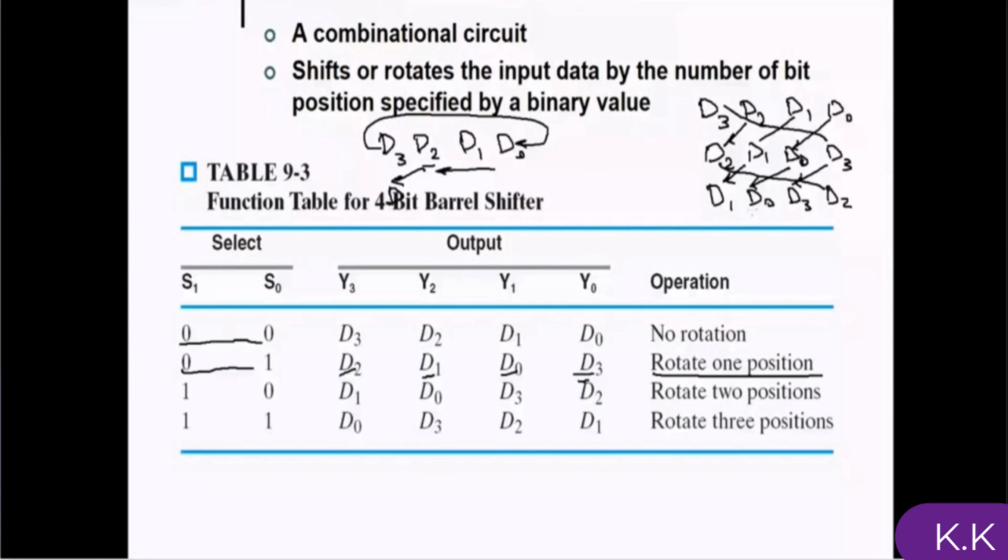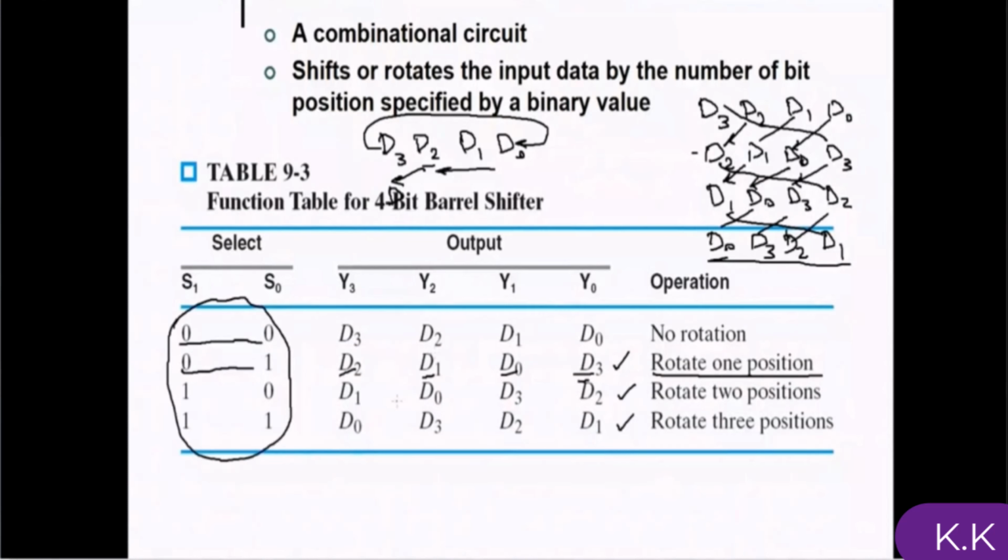Another time, the D1 is here, D0 is here, D3 is here and D2 is coming. This is rotated 2 positions to the left. If I repeat this operation another time, again this D0 is here, D3 is here, D2 is here and D1 is here. So this is the result of rotating 3 positions to the left.